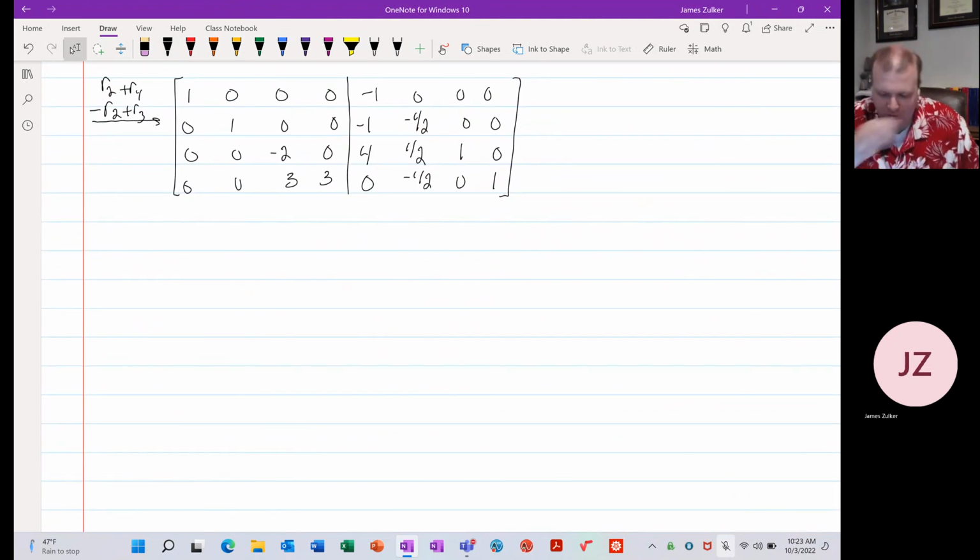Need to make the 3, 3 entry 1. So that's going to require the operation -1/2 times row 3.